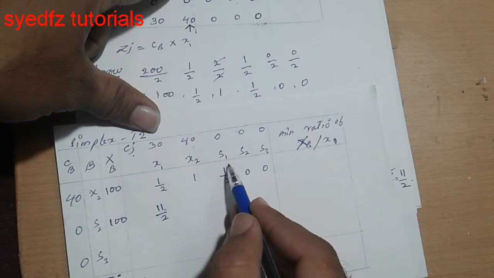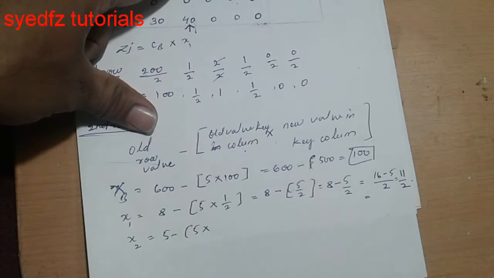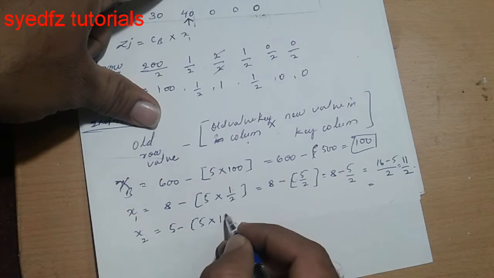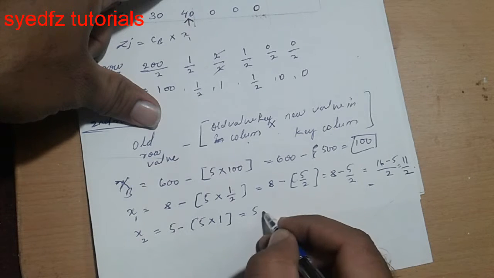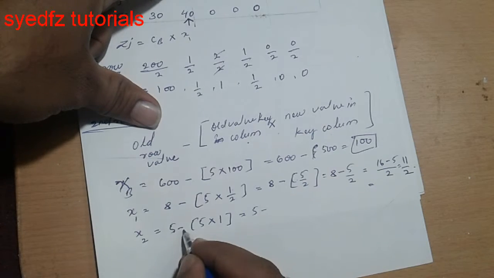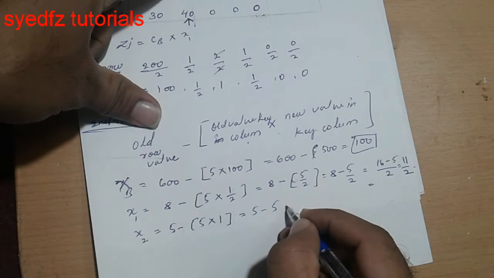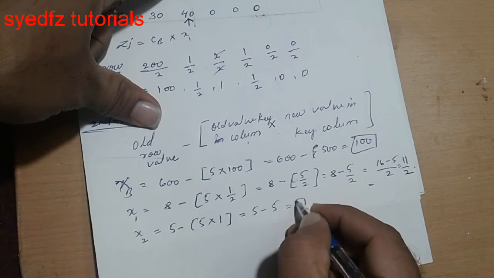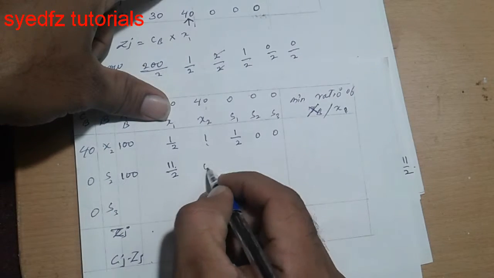The new value in x2 is 1, so take 1 here. 5 remains 5, so 5 into 1, 5. Plus 5 minus 5 cancel, answer is 0. So the new value in x2 is 0.